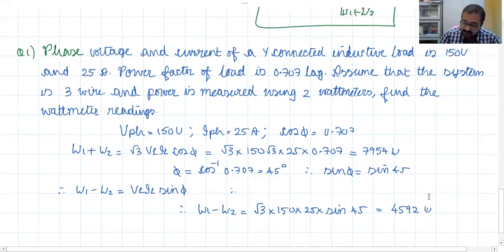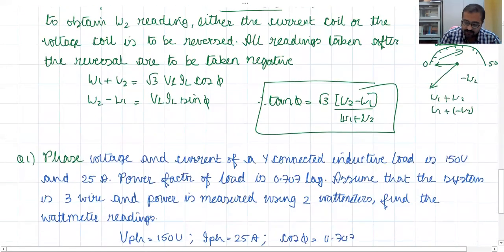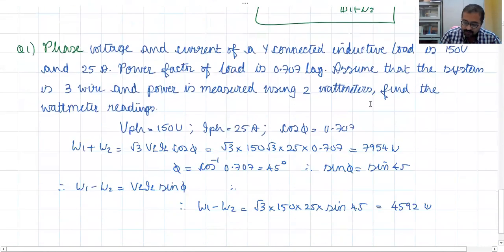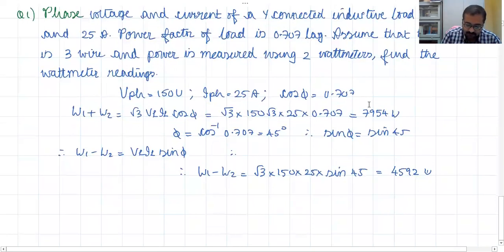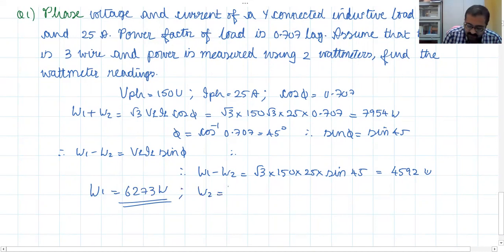So what will you get eventually? Your W1 should read 6273 watts, and W2 must read 1681 watts. This will be the wattmeter readings.